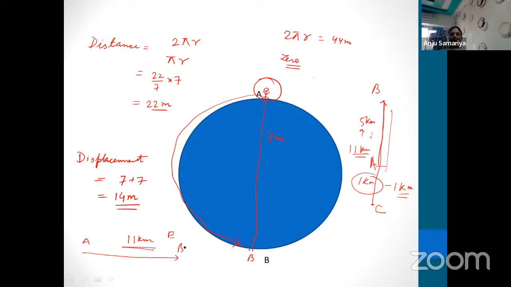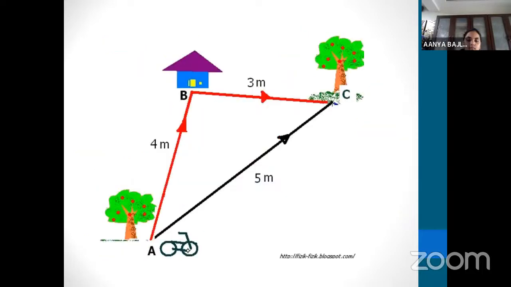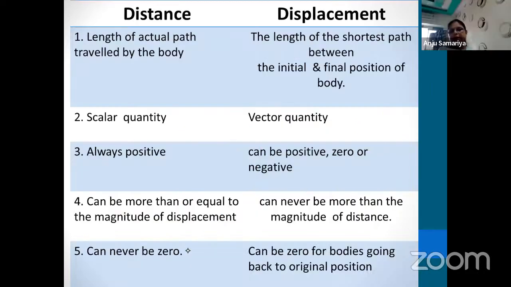So are the things clear? The difference between distance and displacement: number one, distance is a scalar quantity, displacement is a vector quantity. Distance is the length of the actual path traveled by the body, whereas displacement is the length of the shortest path between the initial position and the final position of the body.